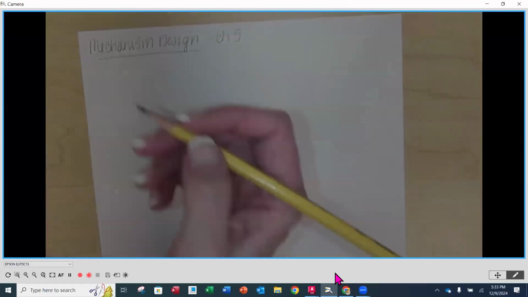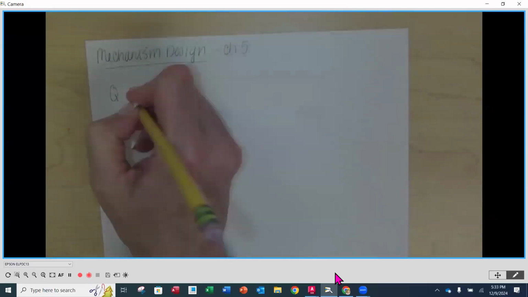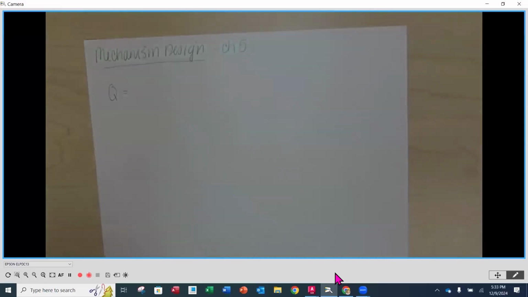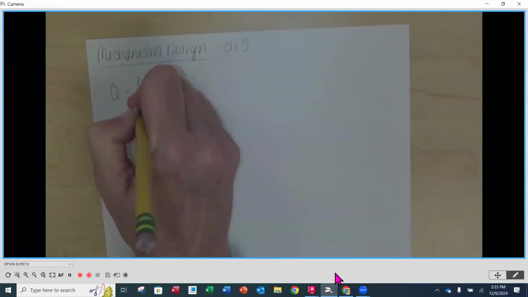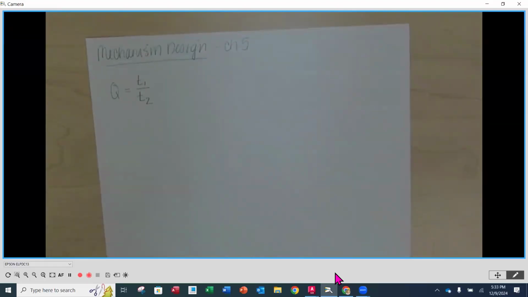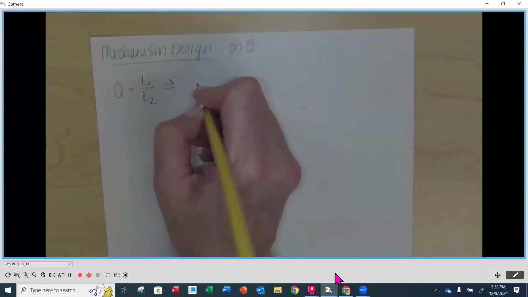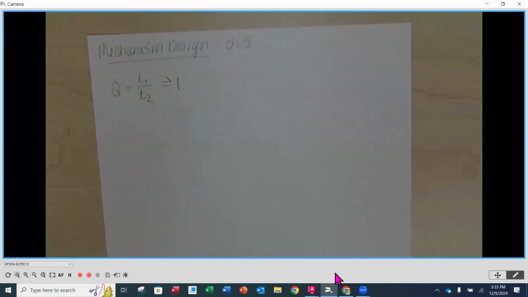So we're going to start out, our first equation is going to be Q. Okay. And the equation, now they have it written out in word form, is going to be, we're going to say T1 over T2. Okay. So Q is going to equal T1 divided by T2. And this value is going to be either greater than or equal to 1.